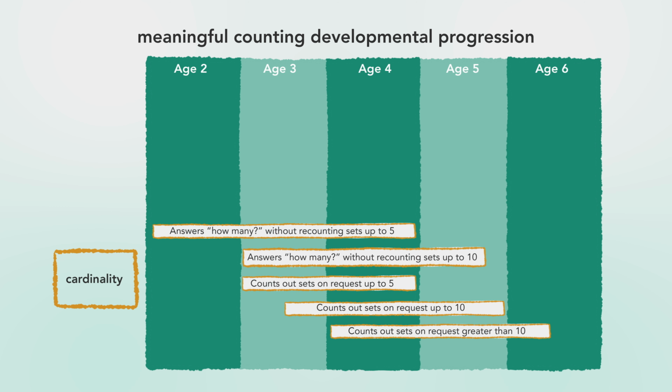The last part of the meaningful counting developmental progression gives a clear picture of how children's conceptual understanding of cardinality develops. We see that children much more quickly associate the total amount with the counting procedure for sets less than 5, which they can easily subitize.